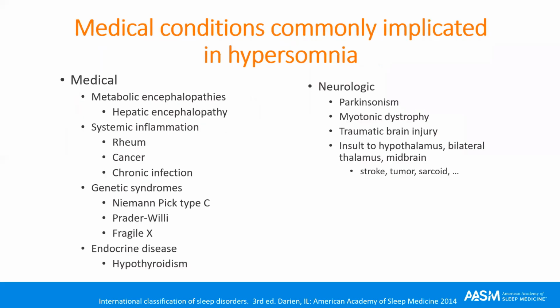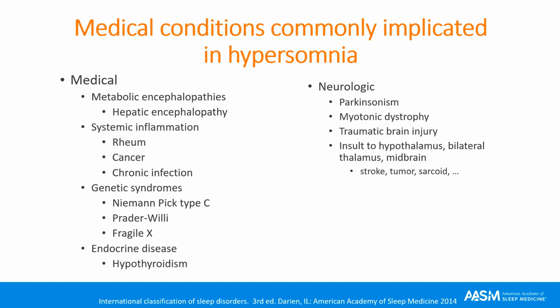And so what kind of medical conditions are we talking about here? This list is by no means extensive or comprehensive. It's a long list, but there's lots more. It really tends to be things like neurologic diseases, unsurprisingly, that result in sleepiness, Parkinsonism and myotonic dystrophy being among the ones where sleepiness has been best demonstrated in carefully controlled studies, but traumatic brain injury is a common cause of sleepiness.